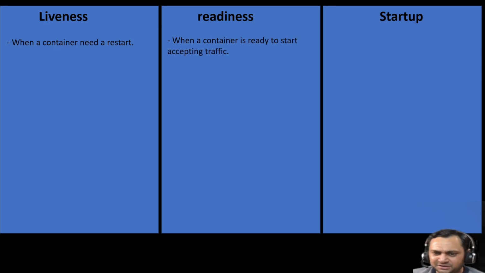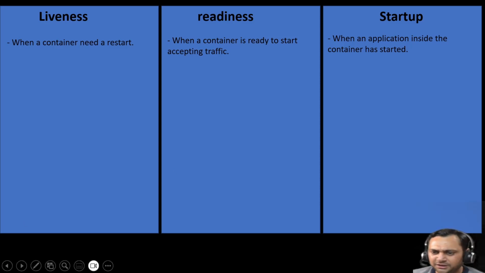When a container is ready to start accepting traffic, this probe checks if the application is ready to serve the traffic or not. When an application inside the container has started, this probe checks if the command mentioned in the manifest file is completed or backend database services are up or not, and so on.